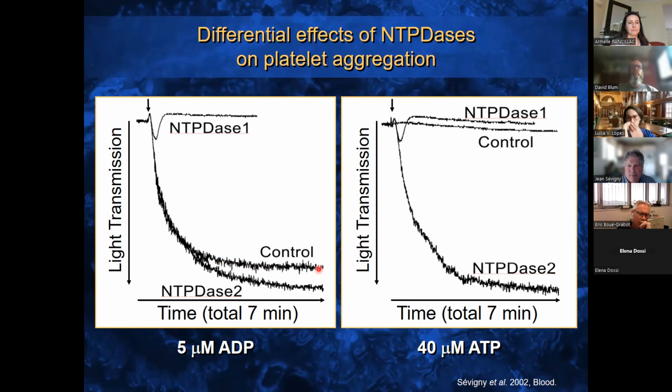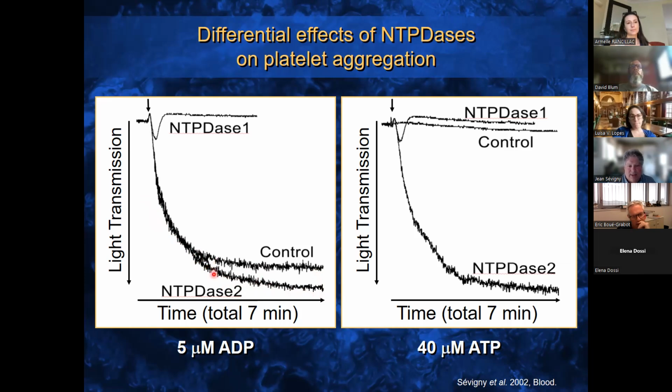So you need both receptors to have a nice aggregation to form the clot. In the presence of NTPDase1, ADP is hydrolyzed, and there is no aggregation. In the presence of NTPDase2, which is not so good at hydrolyzing ADP, there is a nice aggregation, and the aggregation is even stronger than in the control.